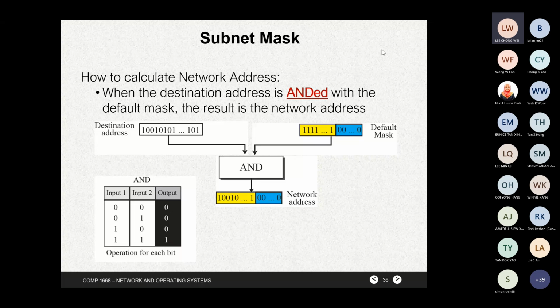It's good for you to understand how they calculate the subnet mask and its meaning, but not this much detail for your case, because you're just in year one. You don't have to go into very much detail.